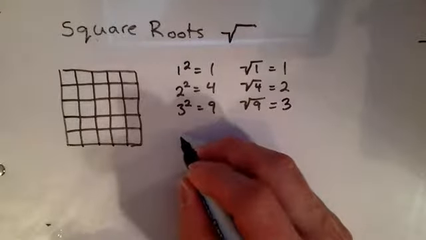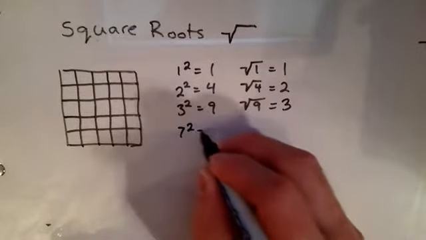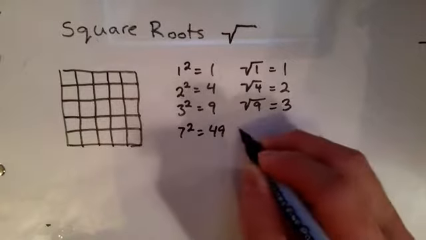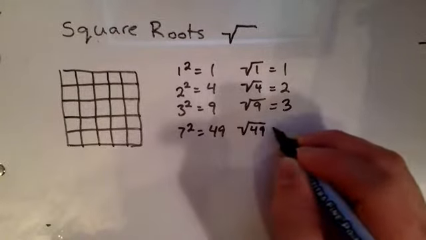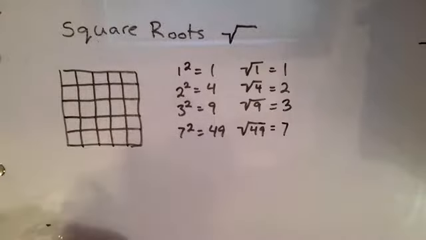You could just easily say 7 squared is 49, so the square root of 49 is going to be 7. And you could do this for any number.